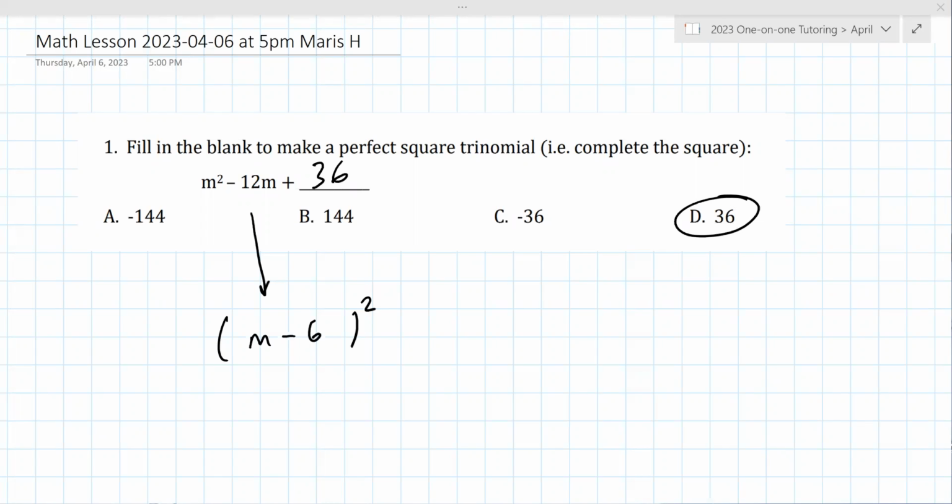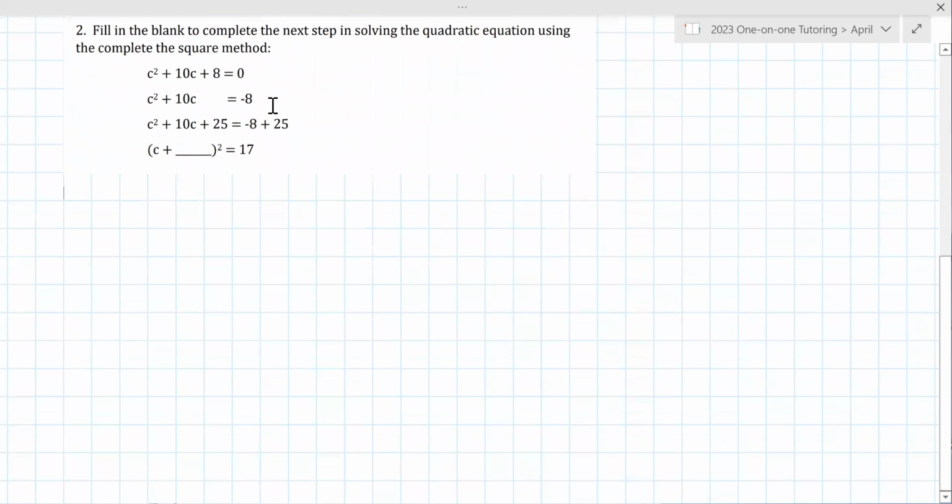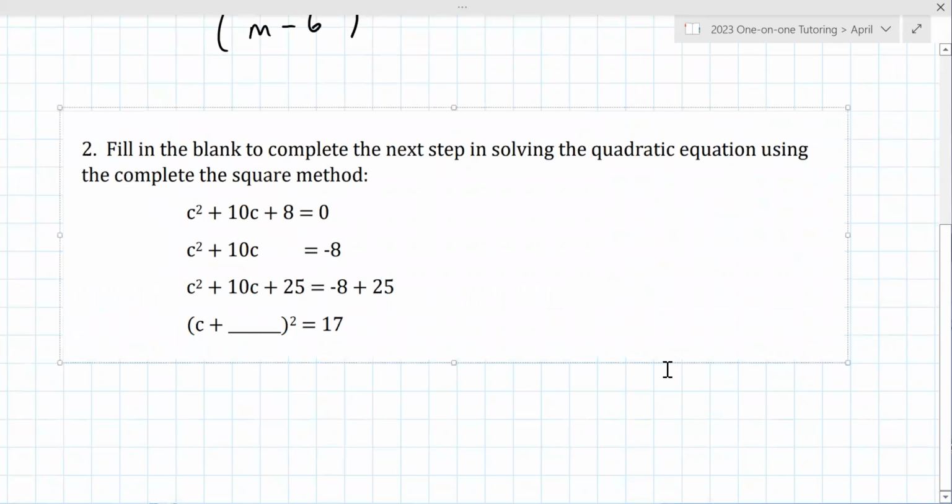All right, this one I'm going to give to you without the multiple choice, kind of easing into this. Take a look at this. Figure out what goes in parentheses there.